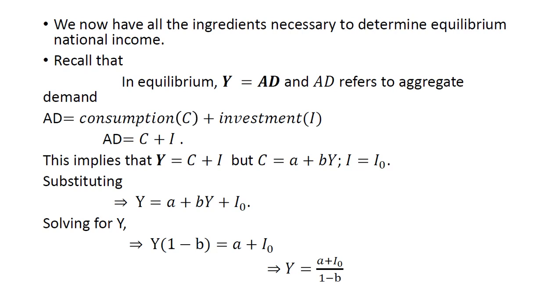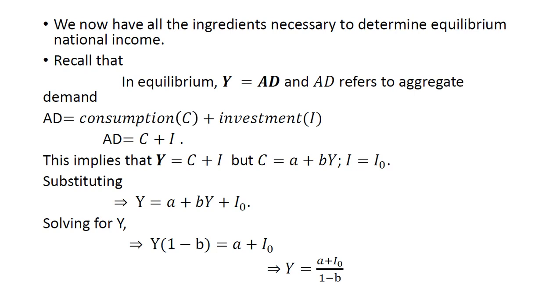So for us to solve for Y, we have the initial equation which is saying that income or GDP is equal to C plus I, but we have defined the C as A plus BY, where the A is autonomous spending and the B is marginal propensity to consume and the Y is GDP or national income. The I there is the private investment spending, which is constant.